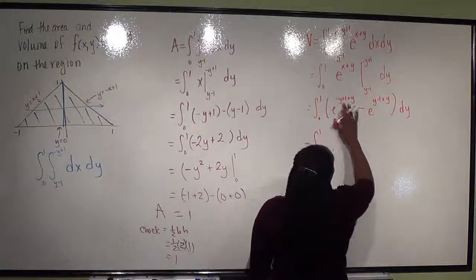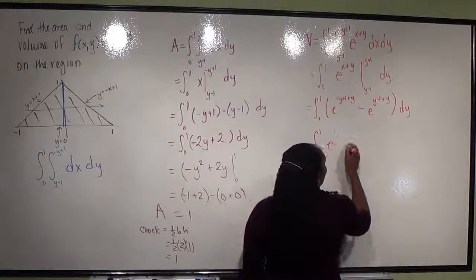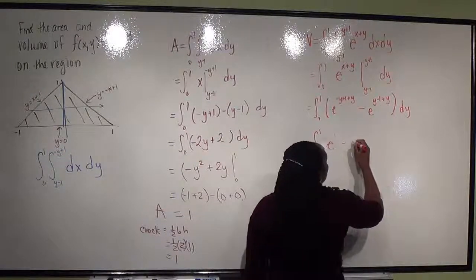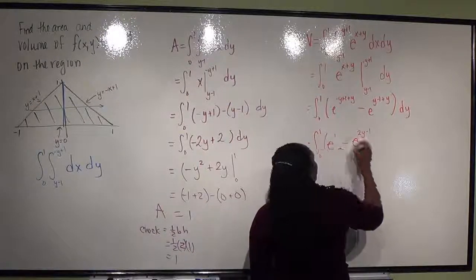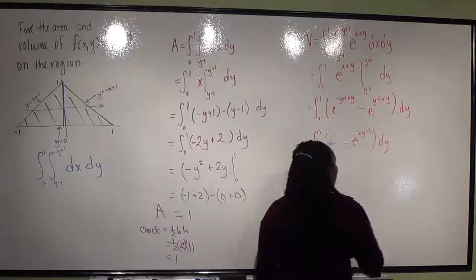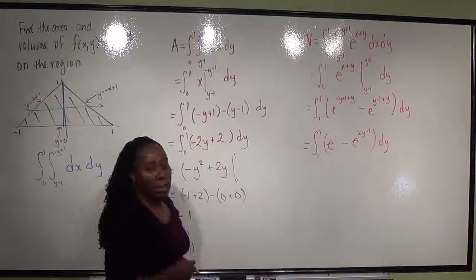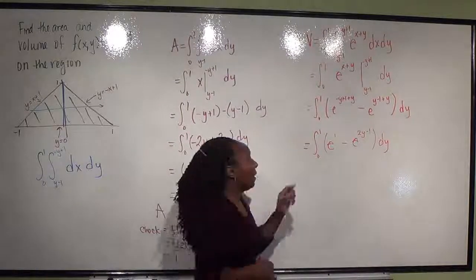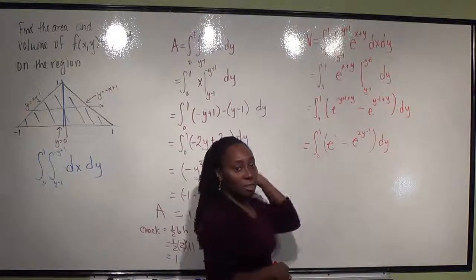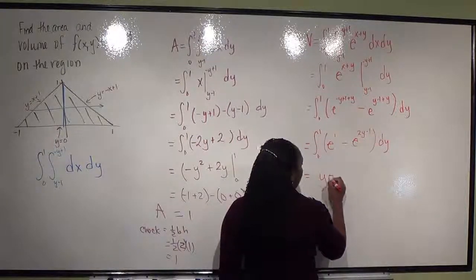So 0 to 1, simplifying here, the y's cancel, so we're just looking at e to the 1 minus over here, e to the 2y minus 1. Okay. Now we're going to integrate. Now here you got to be a little careful, this one's kind of tricky. E to the 1 is just a constant, so when we integrate that, we're going to get y times e.